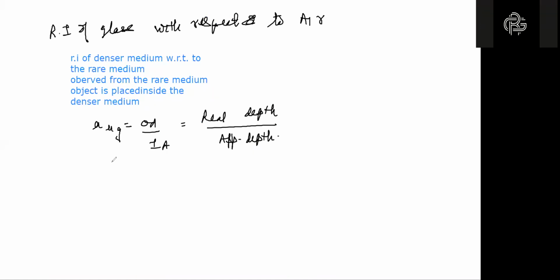So this is the refractive index of glass with respect to air or vacuum. This is the absolute index of the medium.